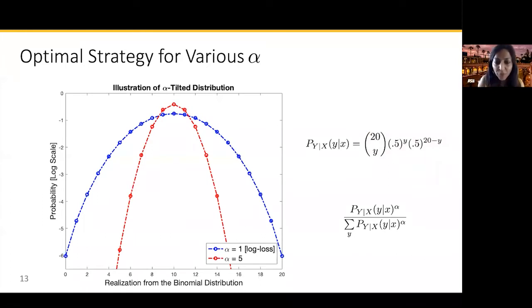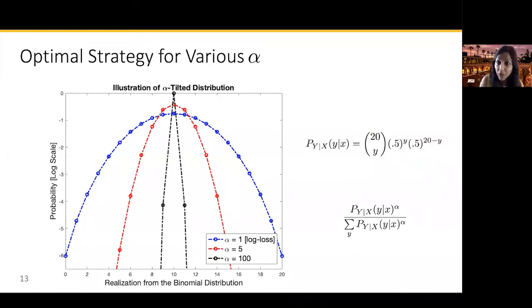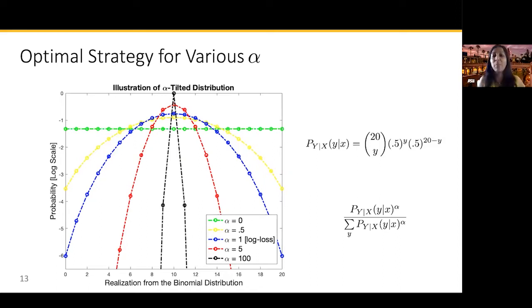It becomes sharper and sharper, and in the limit, you go to that point. For alpha equals 100, you see how steep it becomes, with the probability on a log scale on the y-axis. On the other hand, when alpha is less than 1, alpha equals half, the exponential loss function, you've boosted up your outliers. In the limit of doing that, you are basically ignoring the distribution of the data. You're agnostic to the distribution, and you weight everybody equally. That's in the limit alpha equals 0.